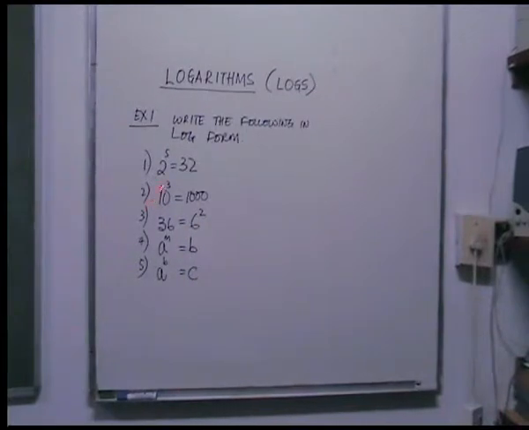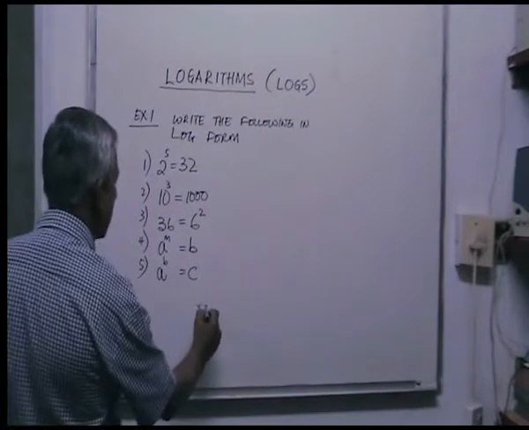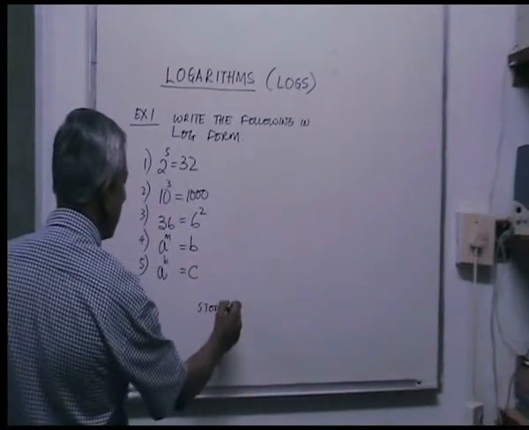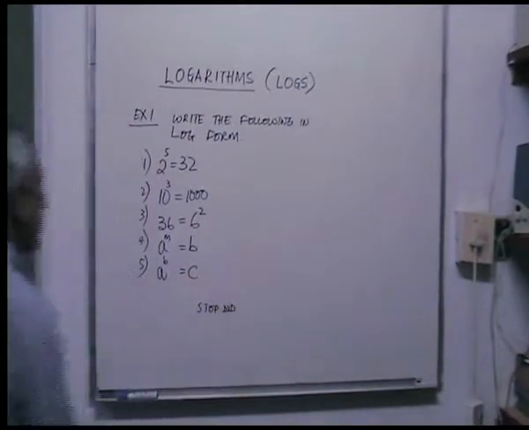Number 2, 10 cubed is equal to 1000. 3, 36 is equal to 6 squared. 4, a to the m is equal to b. 5, a to the b is equal to c. Alright, now what you must do, stop the DVD and try these examples and return to us to mark it.